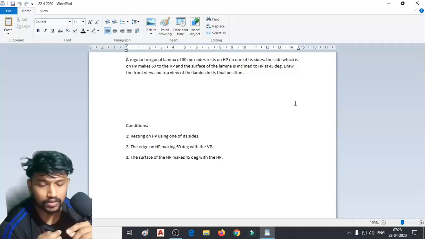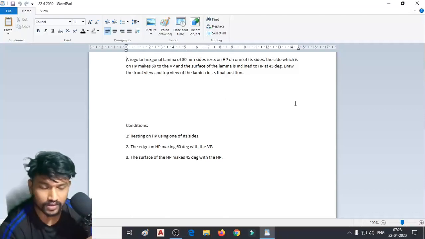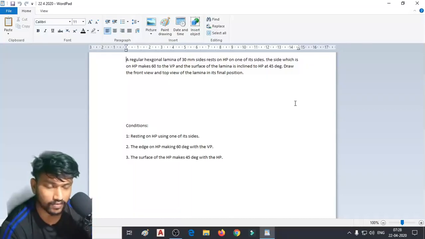I thought I should show all of the thought process that I have in my brain in AutoCAD so that you can understand. So today's lecture will be somewhat slow, but any minute doubts about the projections of planes will get clarified.